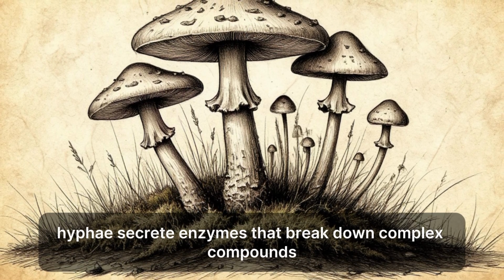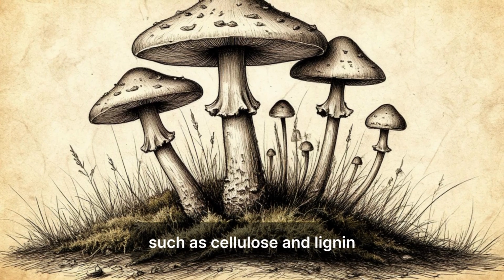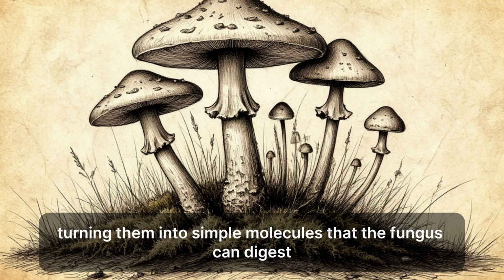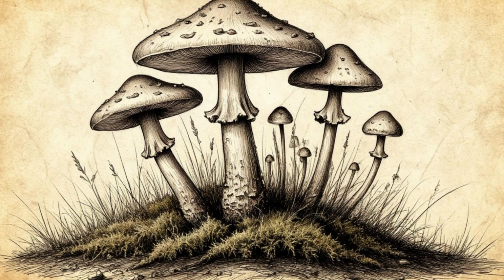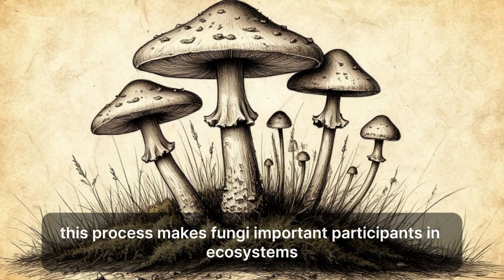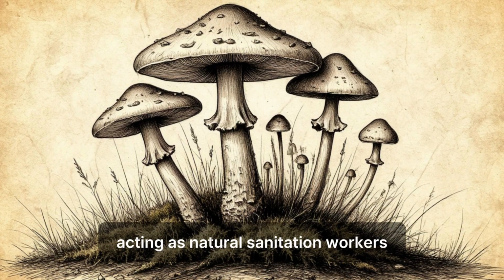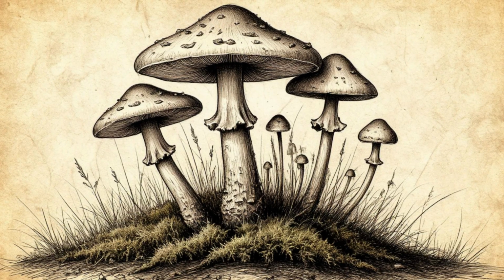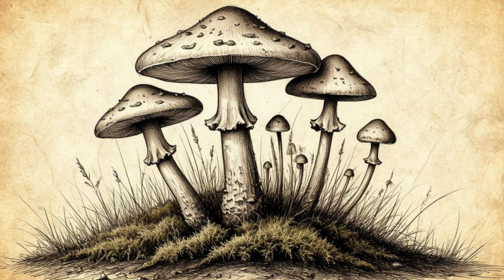Hyphae secrete enzymes that break down complex compounds such as cellulose and lignin, turning them into simple molecules that the fungus can digest. This process makes fungi important participants in ecosystems, acting as natural sanitation workers who clean the soil and forest debris.